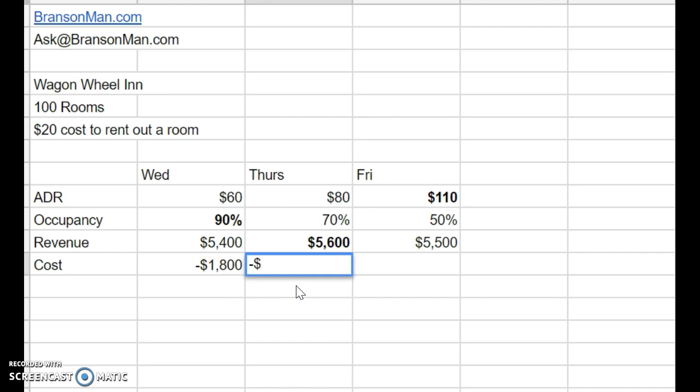So we're not going to worry about being too technical. 70 rooms times $20. It's a $1,400 cost. So you see it costs a lot less to put fewer people in. And then 50 rooms times 20 is $1,000 cost. So they had twice as many people for $1,800, and we had about half as much cost.